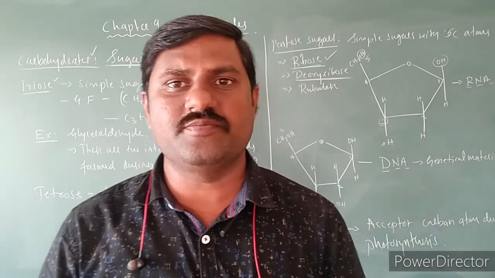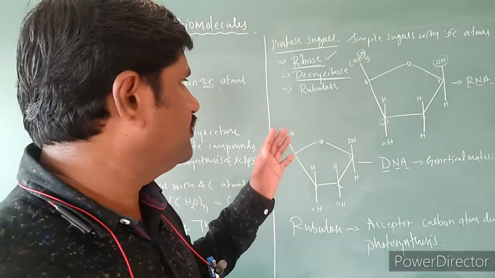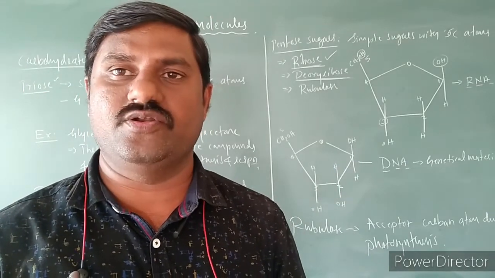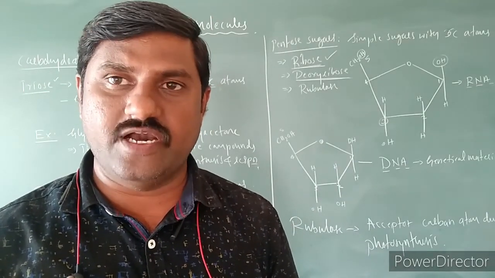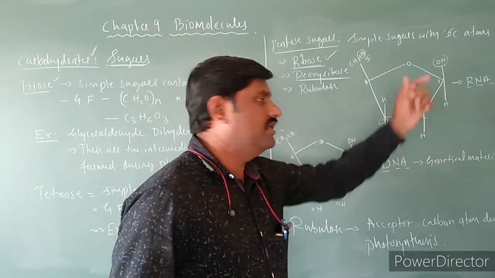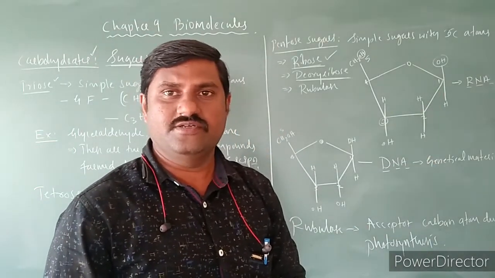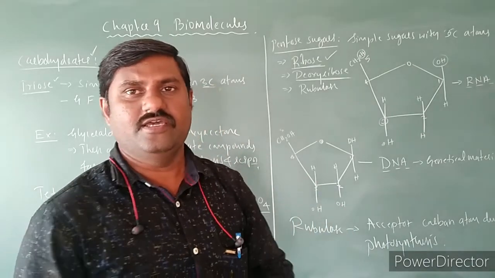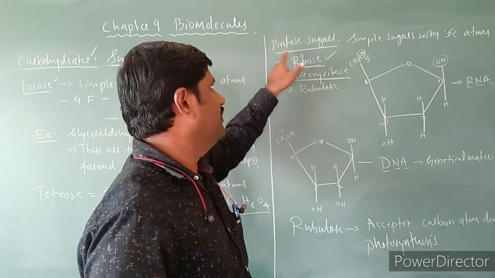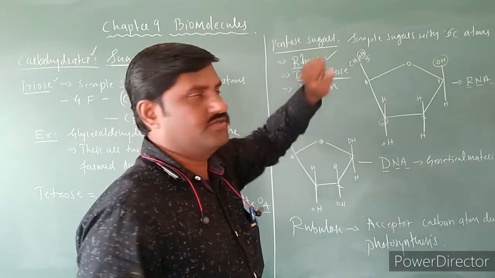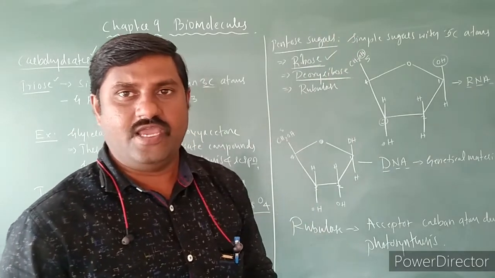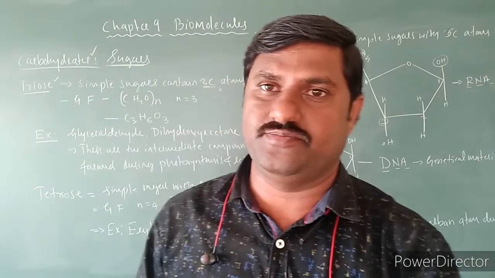So these are different types of pentose sugars that we come across. They play a very important role because they are present mainly in genetic materials, which are inherited by the next generation. The next one is hexose sugar.